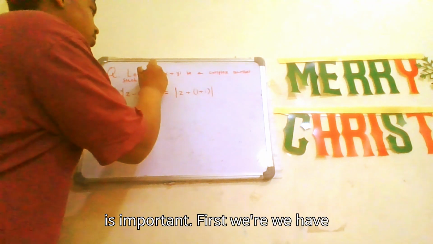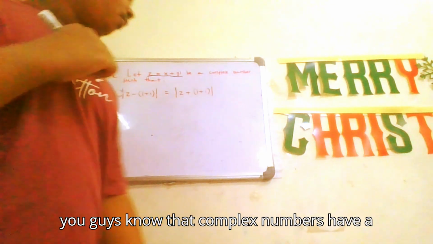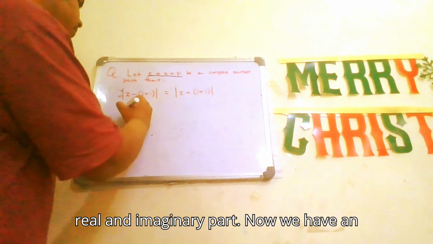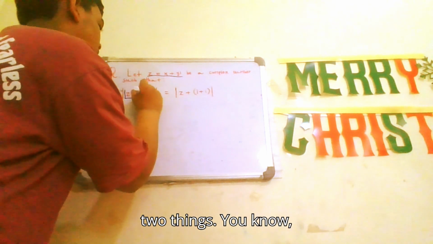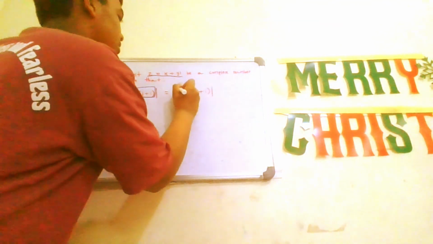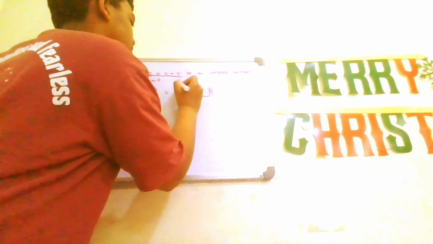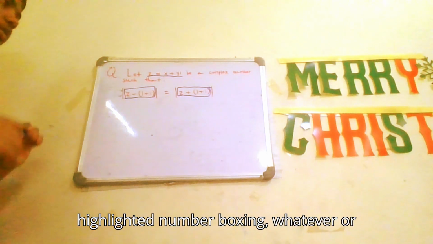First, we have to know that this is a complex number, and you know that complex numbers have a real and imaginary part. Now we have an equation in which these two things are inside the argument. Let's note them down. It'll be better if you highlight them or box them.